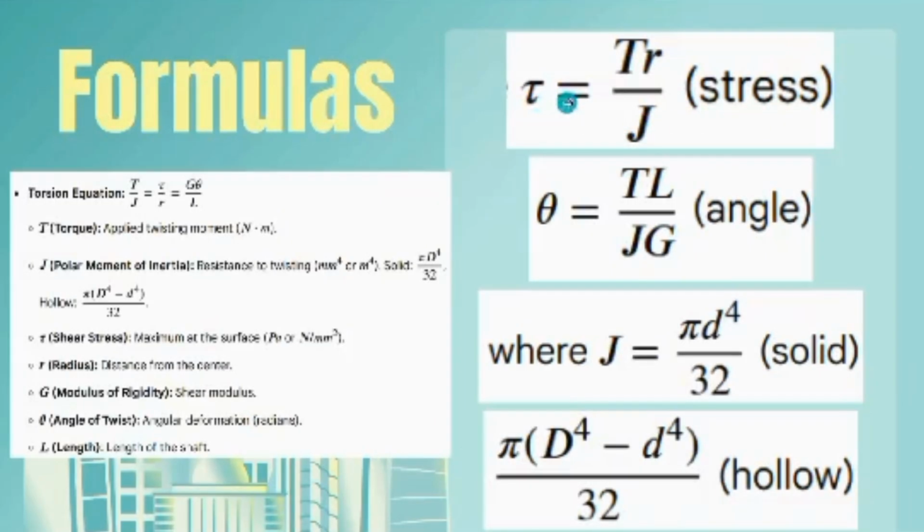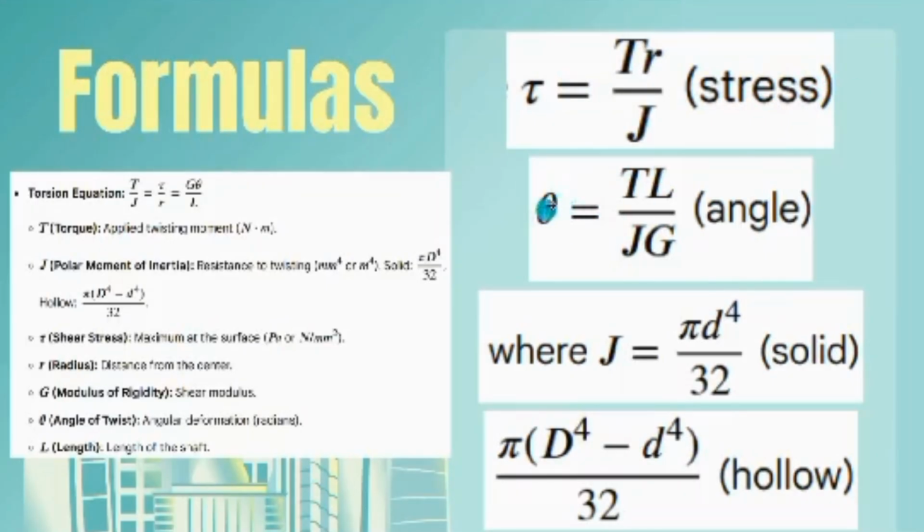We have shear stress equals torque times... I'm sorry, let me rewind. I'm wrong. The shear stress equals torque times radius over polar moment of inertia. So this is how to get stress.